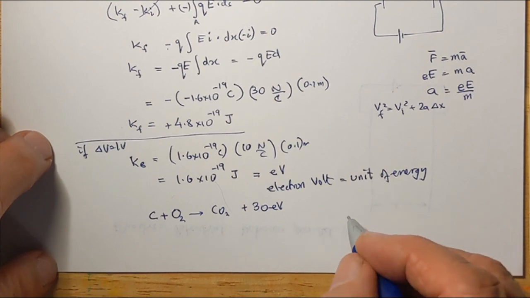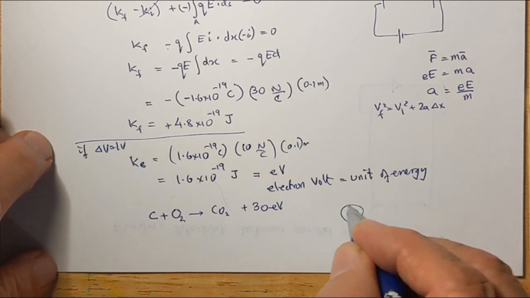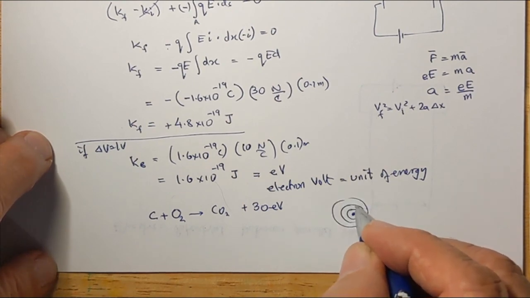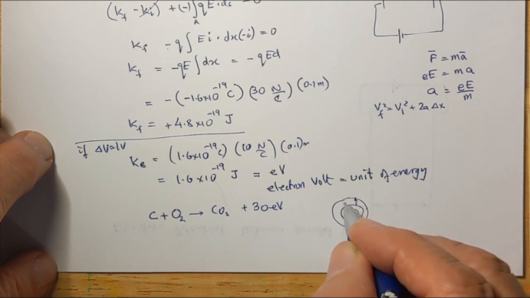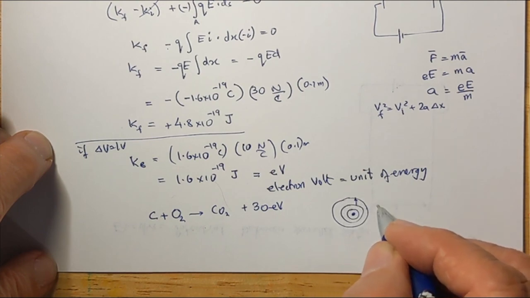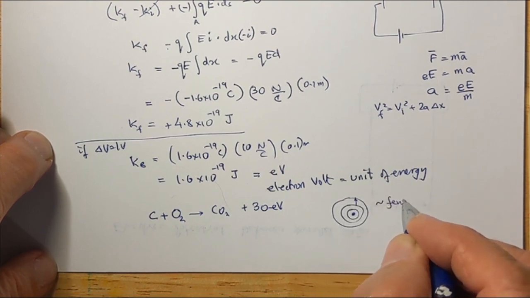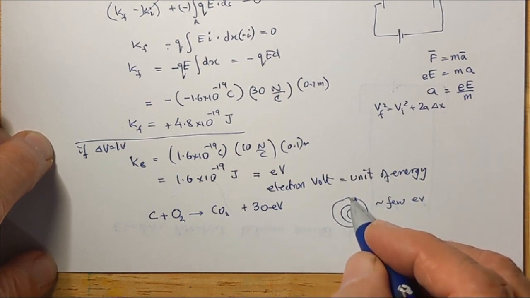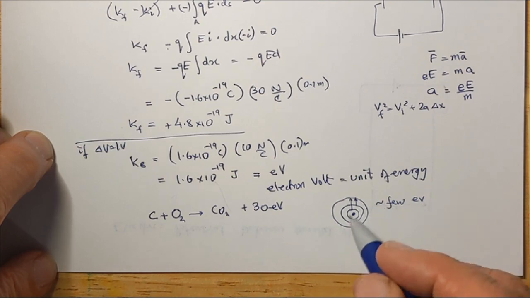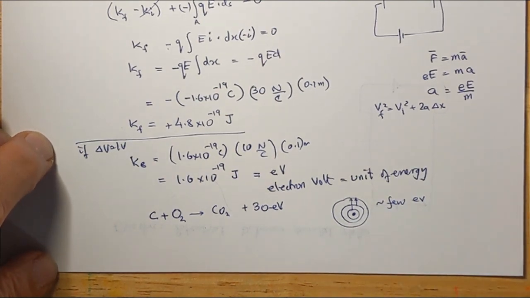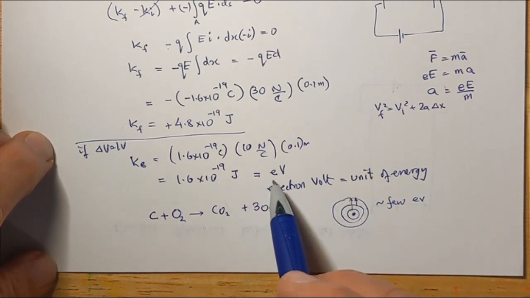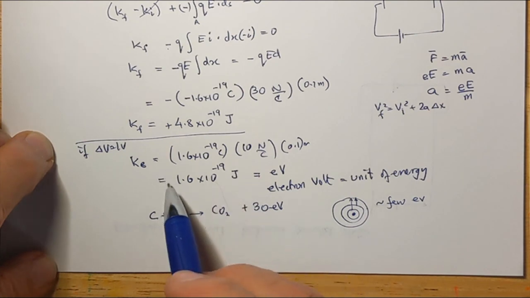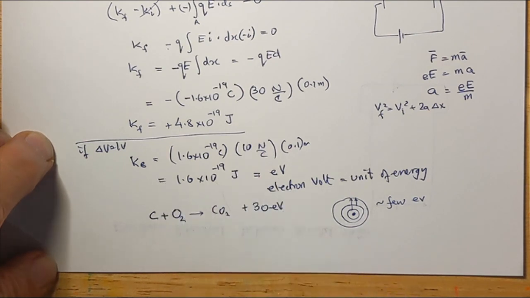Similarly, the energy of the electrons going around an atom, when they move up or down a level, the difference between these energies is of the order of a few electron volts. It could be much bigger if it's going from a lower level to a higher level, even a few kilo electron volts. That's how we get the X-rays. So one eV is so many joules, and it is a unit of energy.